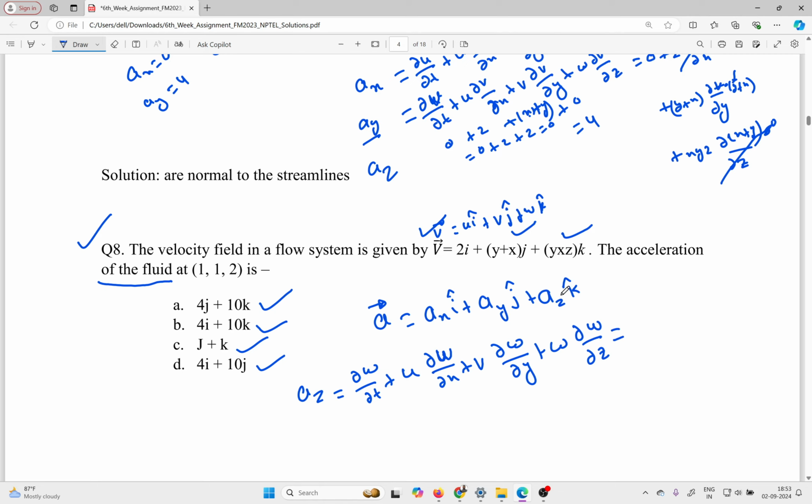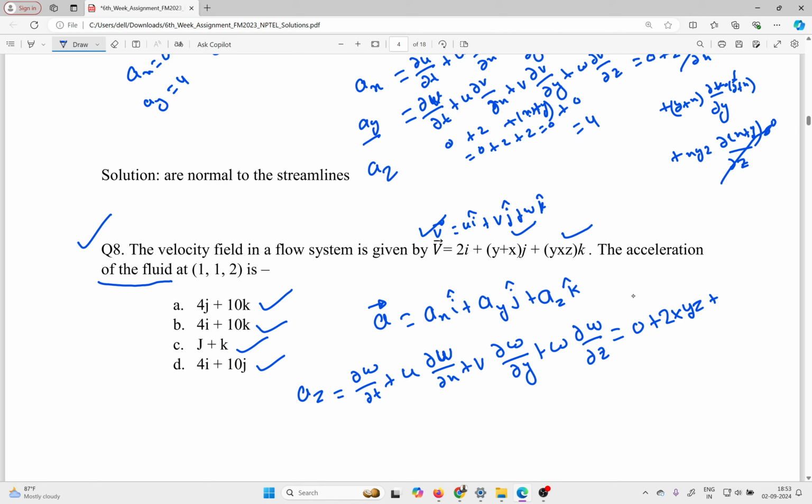Definitely your w component does not have t, so this will again be 0 plus u. u is 2, and w component having x, yz will remain, so yz.